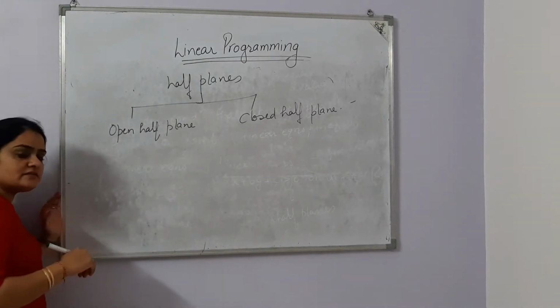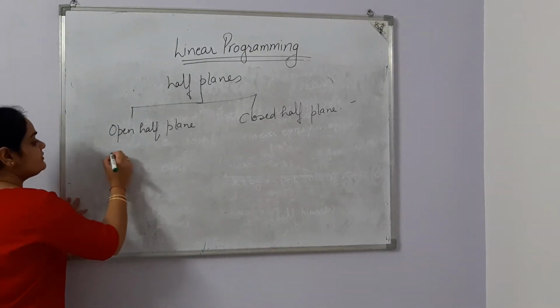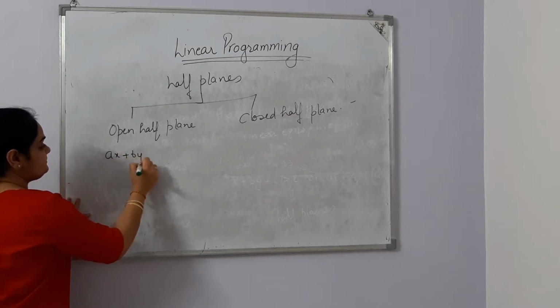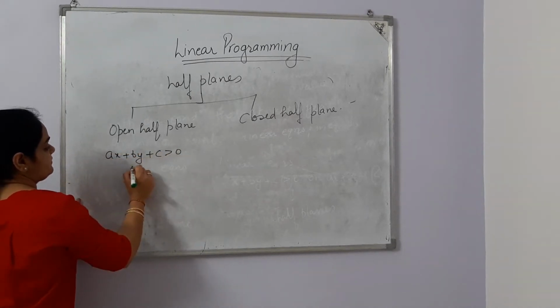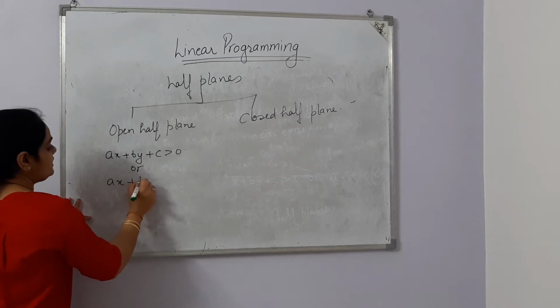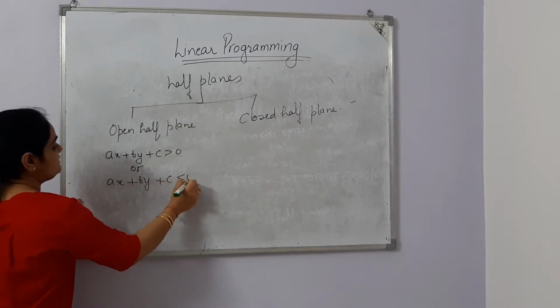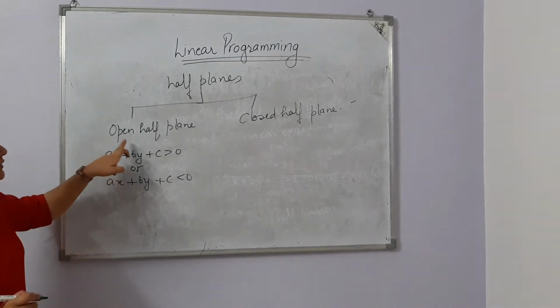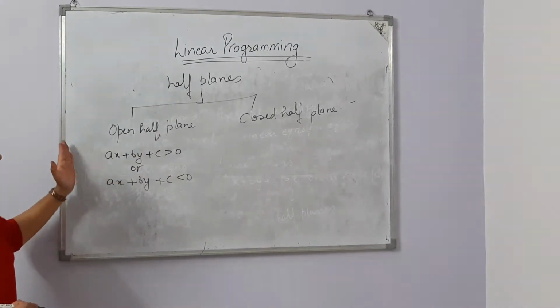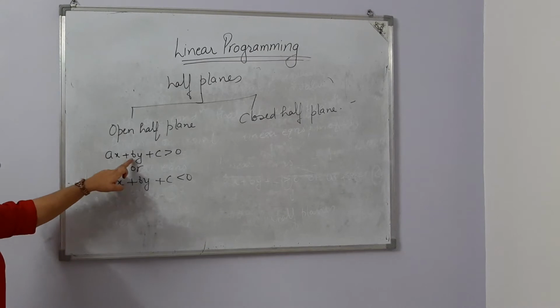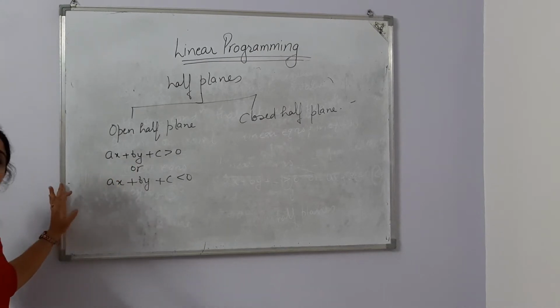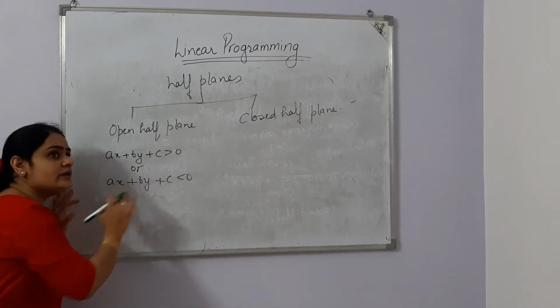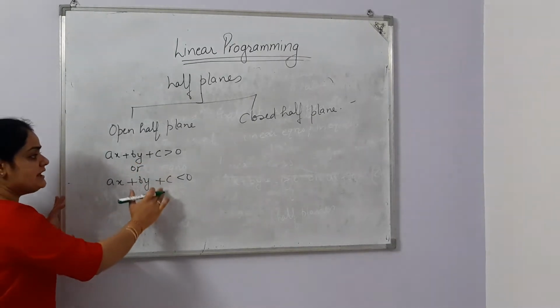What is an open half plane? If we have the inequation ax plus by plus c less than 0, then we get an open half plane. That means the points lie on the plane but not on the line, because we don't have any equation.